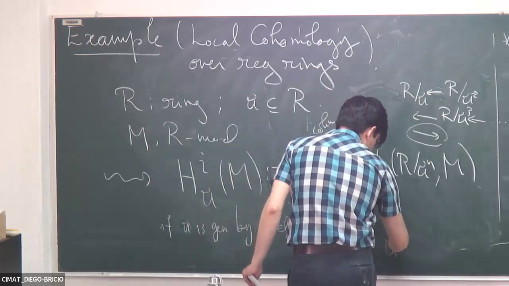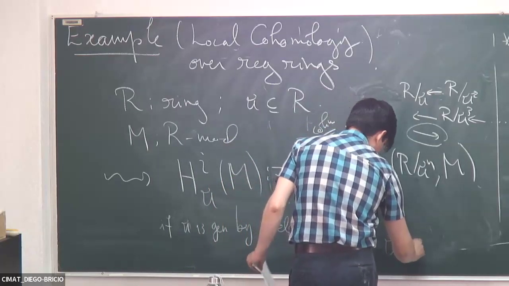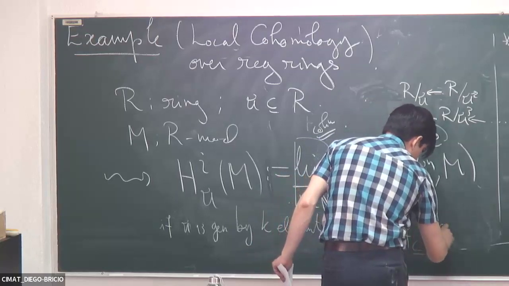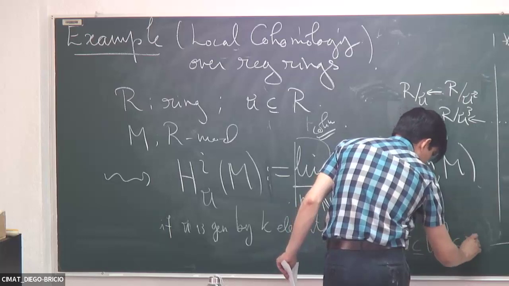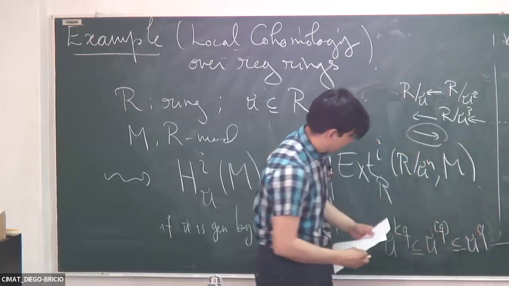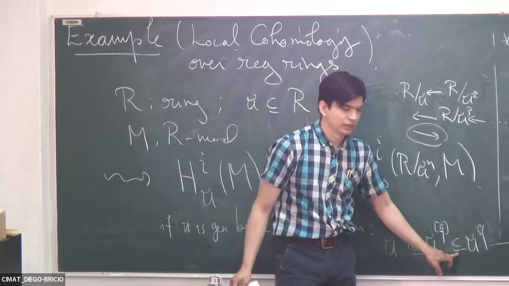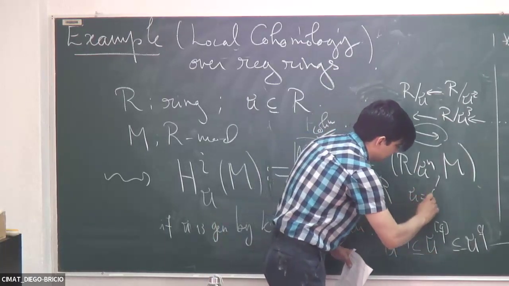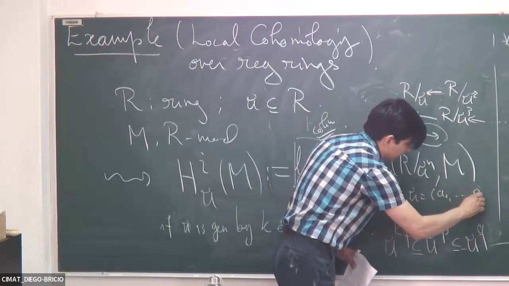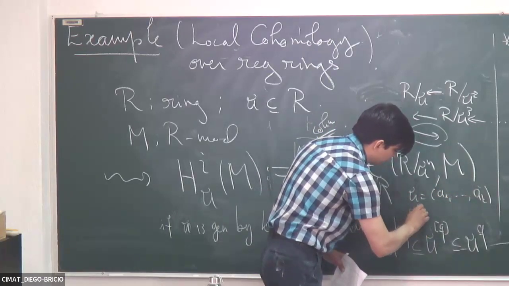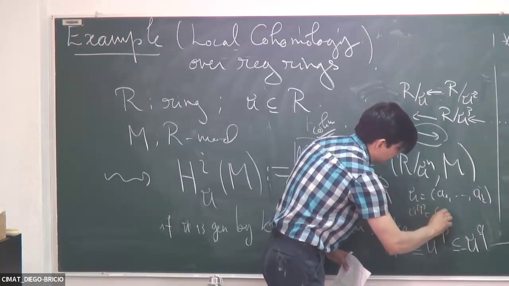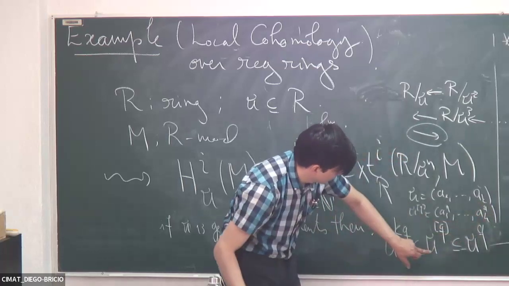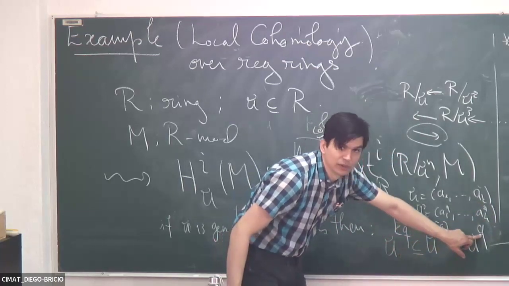It's the standard way in which you can compare Frobenius powers with ordinary powers. This one is supposed to be rather trivial. If A is generated by, let's say, A1 through AK, then A to the Q is going to be generated by A1 to the Q through AK to the Q. So definitely this is inside this power.